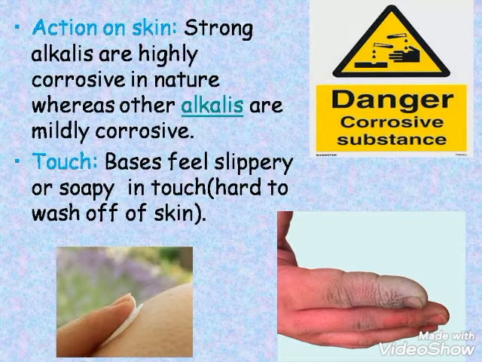Action on the skin is generally highly corrosive in nature, and some alkalis may be mildly corrosive. Before touching, we need to know about the corrosivity of the particular alkali, and when you touch it, it is generally slippery or soapy to the touch. We should use this very carefully, because generally the caustic alkalis are dangerous to our skin and may harm it, being corrosive in nature.